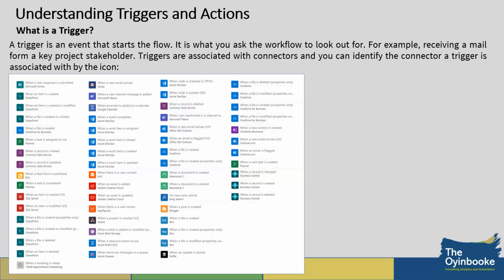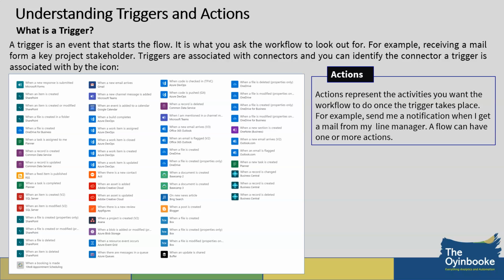And in Power Automate, we have over 100 different triggers, which are connections to different applications, Microsoft Forms, Office 365 applications, and those even outside Office 365 applications. The next we need to know is actions. So when your flow gets triggered, what should then happen?